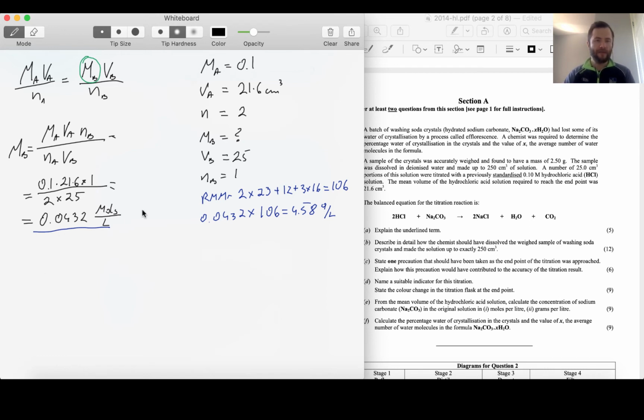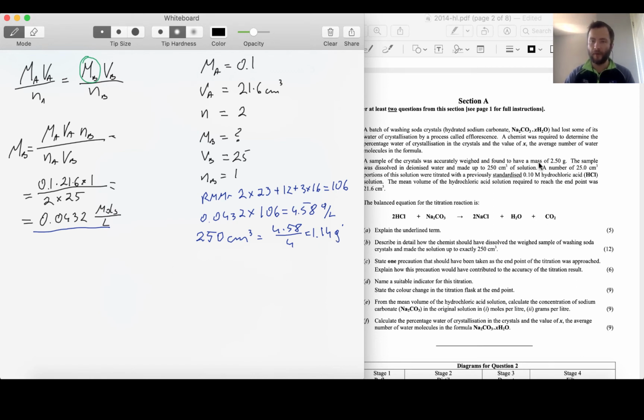So if in 1 liter I would expect to see 4.58 grams of sodium carbonate, then in 250 cubic centimeters I would expect to find 4.58 over 4 grams, which is equal to 1.14 grams of sodium carbonate. So again, 250 cubic centimeters contain 1.14 grams of sodium carbonate.